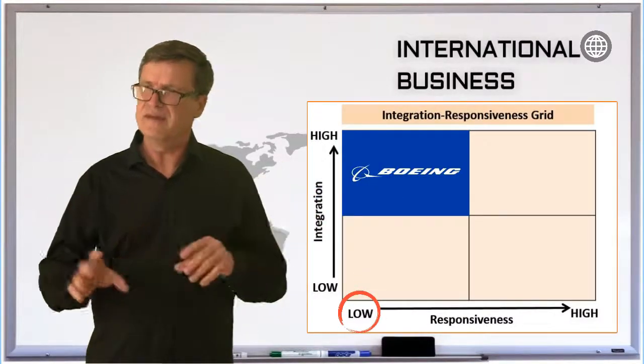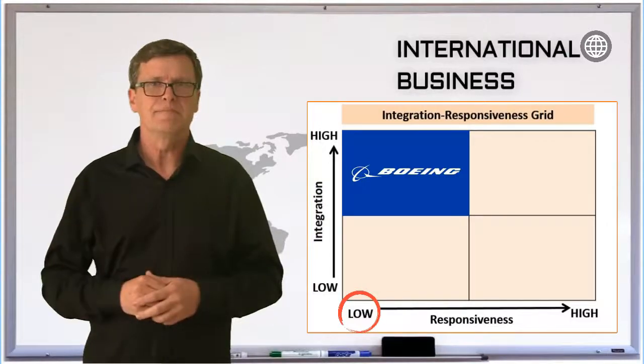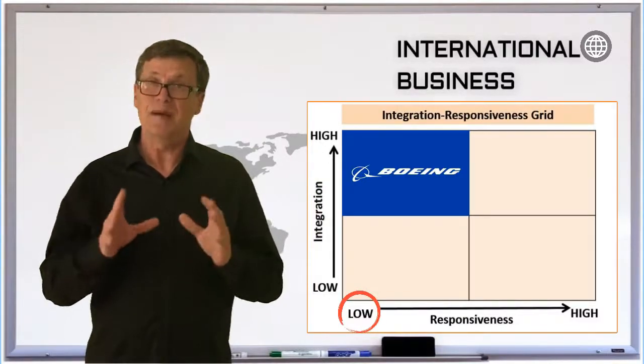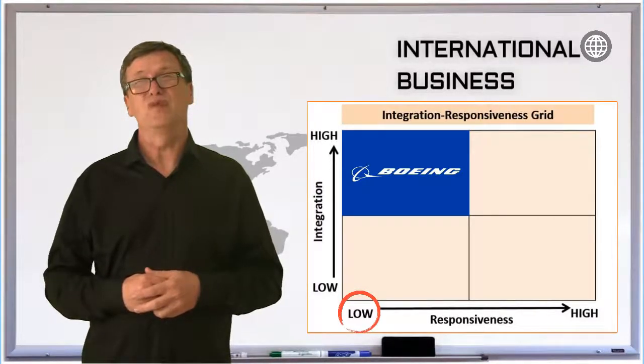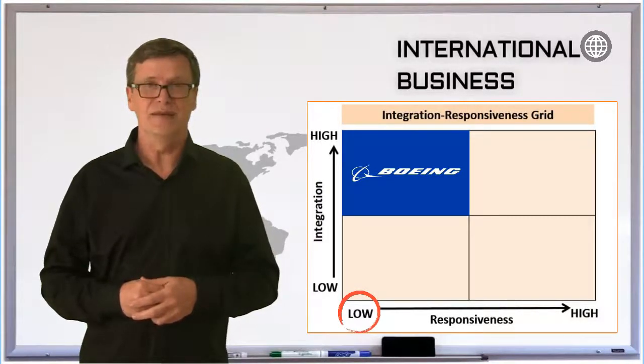A 737 is a 737. By the way, that top class 737-900 costs something like $100 million to buy today, new, if you can afford it.